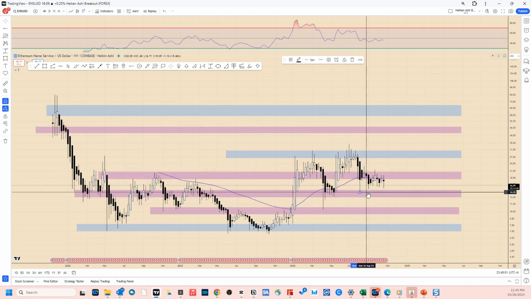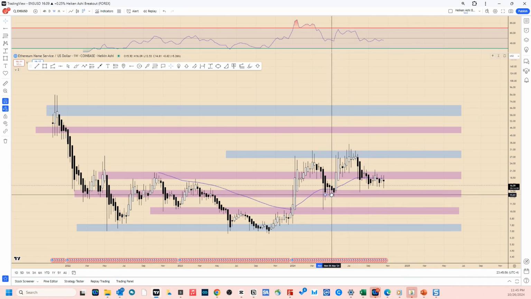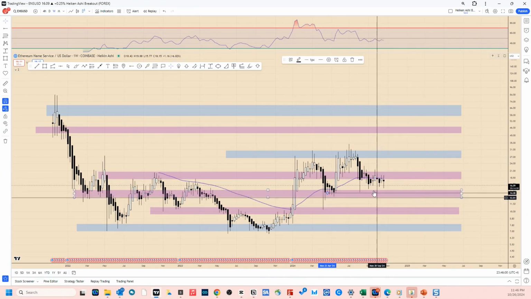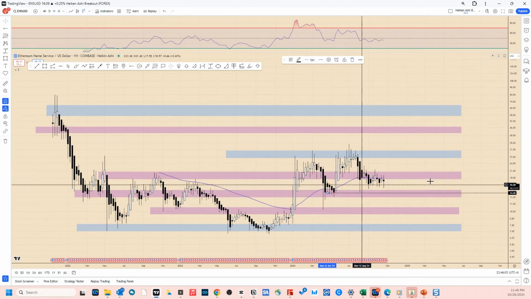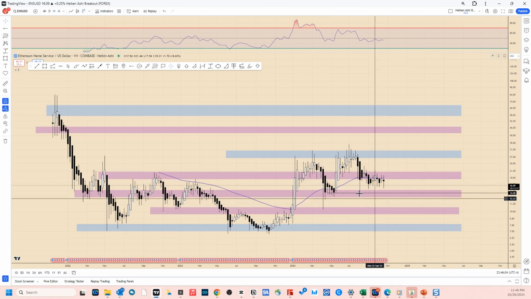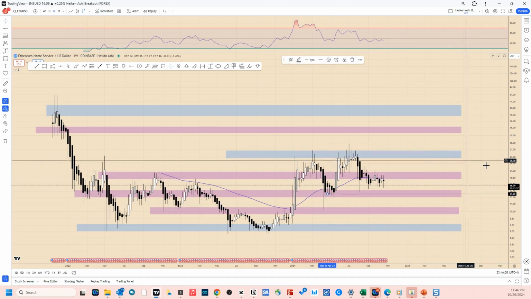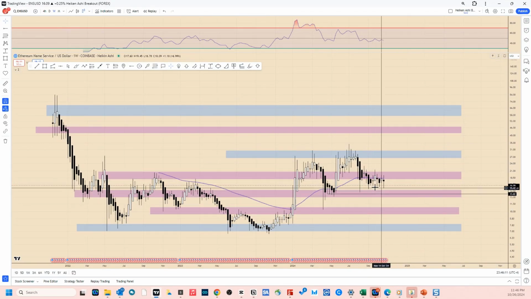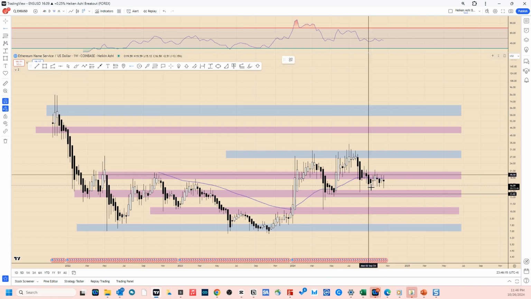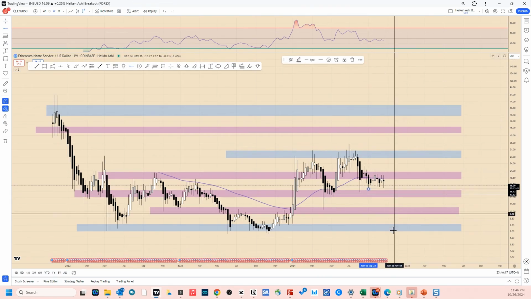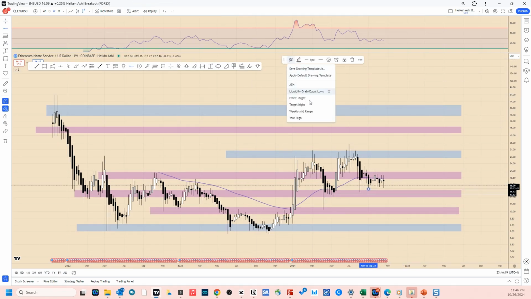Now, if I look left, what's funny is I also see this level here, which is very, very close to this wick level right here. So what I would do is mark this level out as a liquidity move here. And then I would also mark this level out right here. I don't like to have too many close by each other.